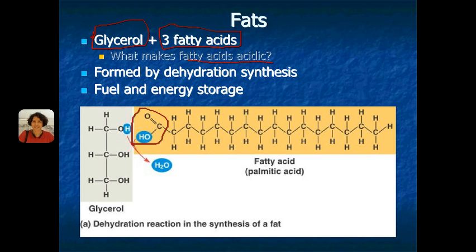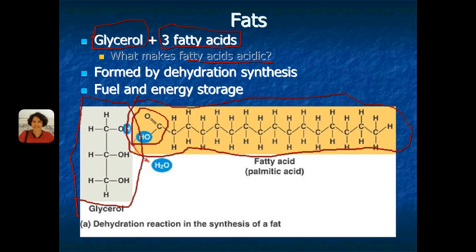And when you perform this reaction, when you add a fatty acid to a glycerol molecule, so here's the glycerol, and the yellow part is the fatty acid, we are doing a dehydration reaction. These are all performed by enzymes.